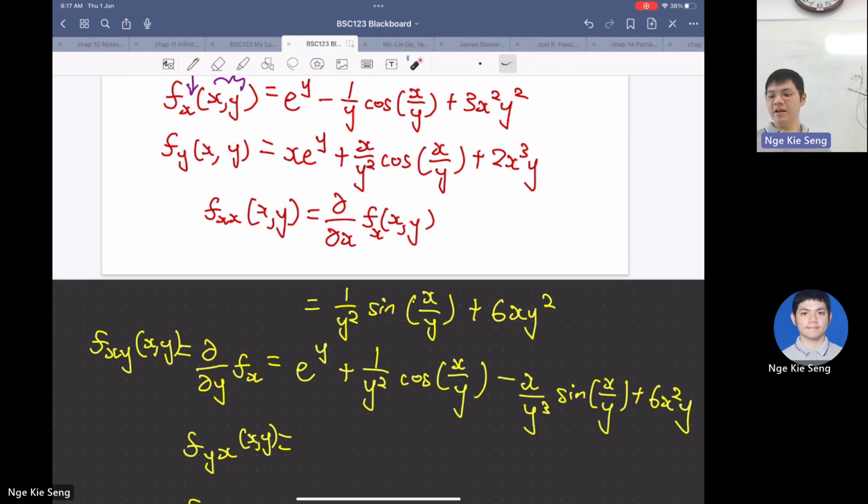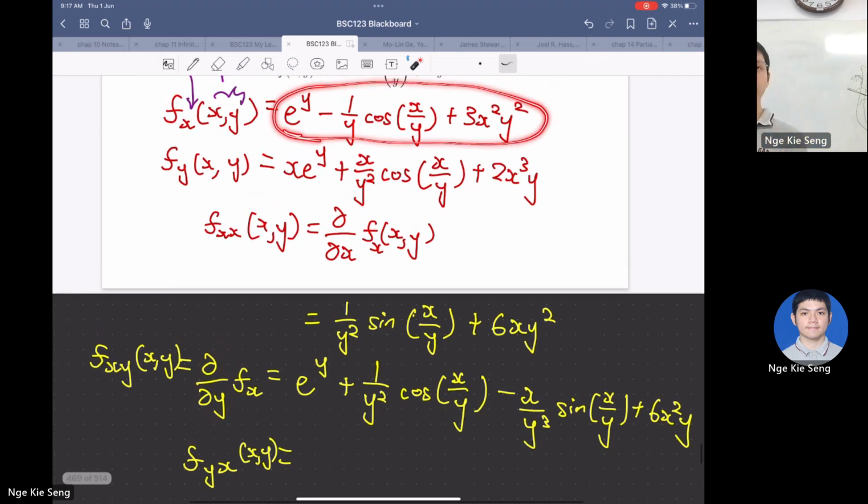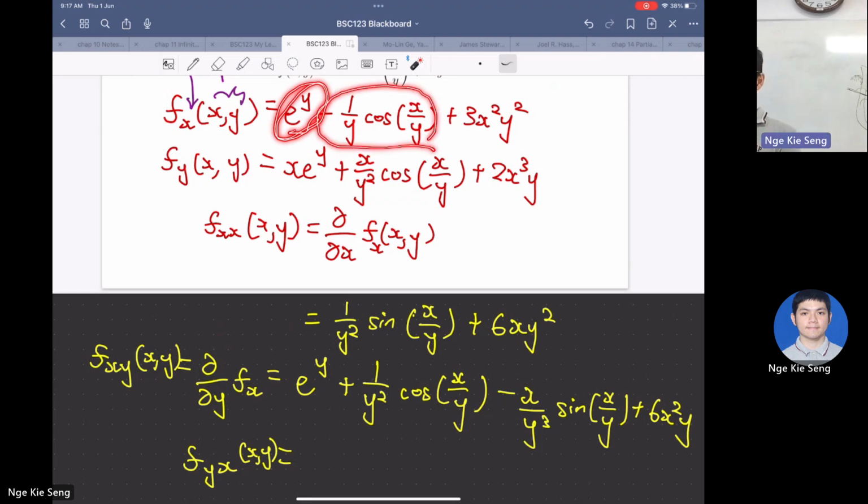So we differentiate fx with respect to y. fx is here. We differentiate the first term with respect to y, we get e to the y. Correct? For the second term, we need to use the product rule. We differentiate the first term, we get 1 over y squared, and the signs cancel out, so positive.